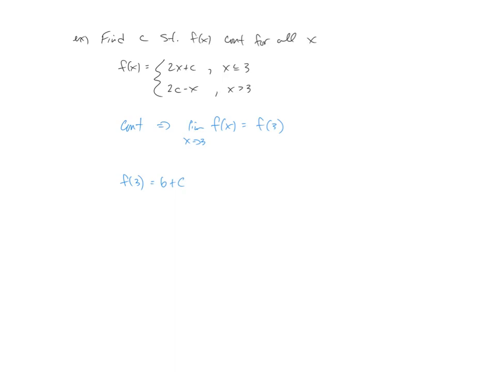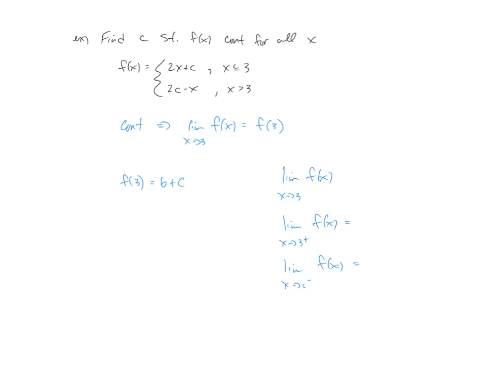Now, for the limit part, the limit as x approaches 3, that actually gives us two questions. We need the limit as x approaches 3 from the right and the limit as x approaches 3 from the left. Now, if we're approaching 3 from the right, that means we're picking numbers that are bigger than 3.